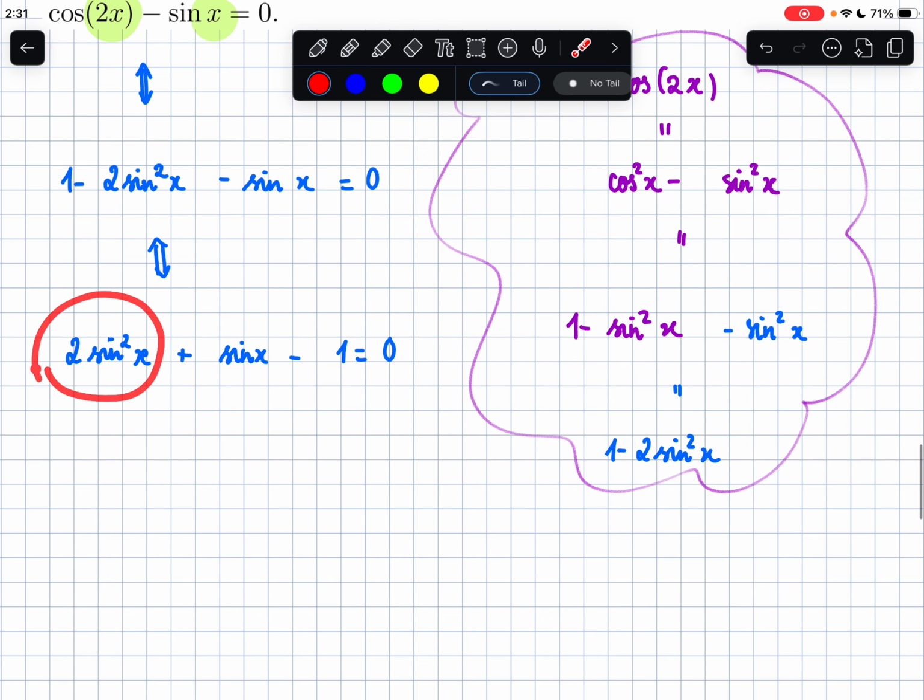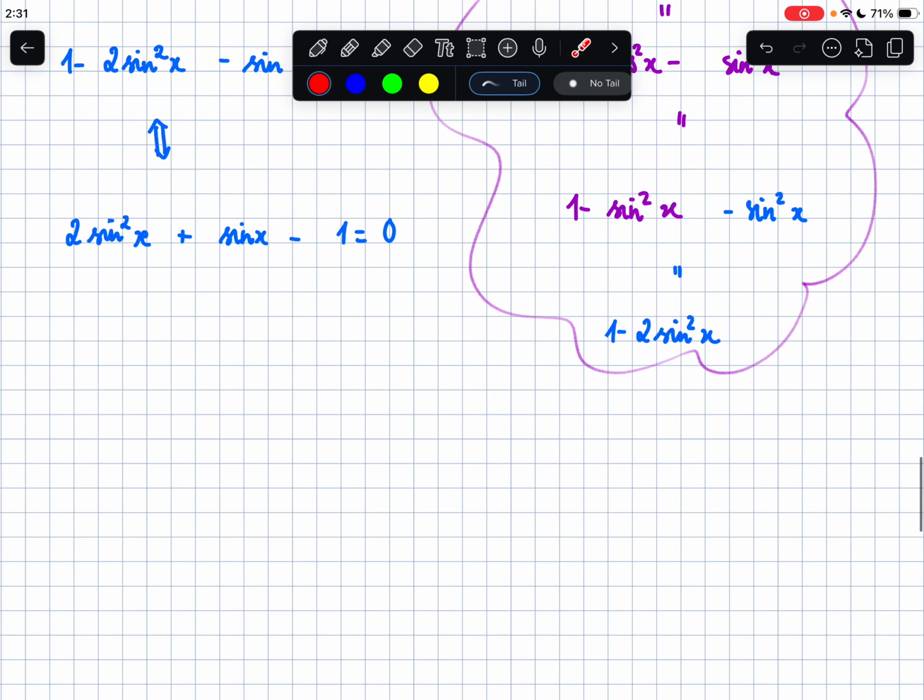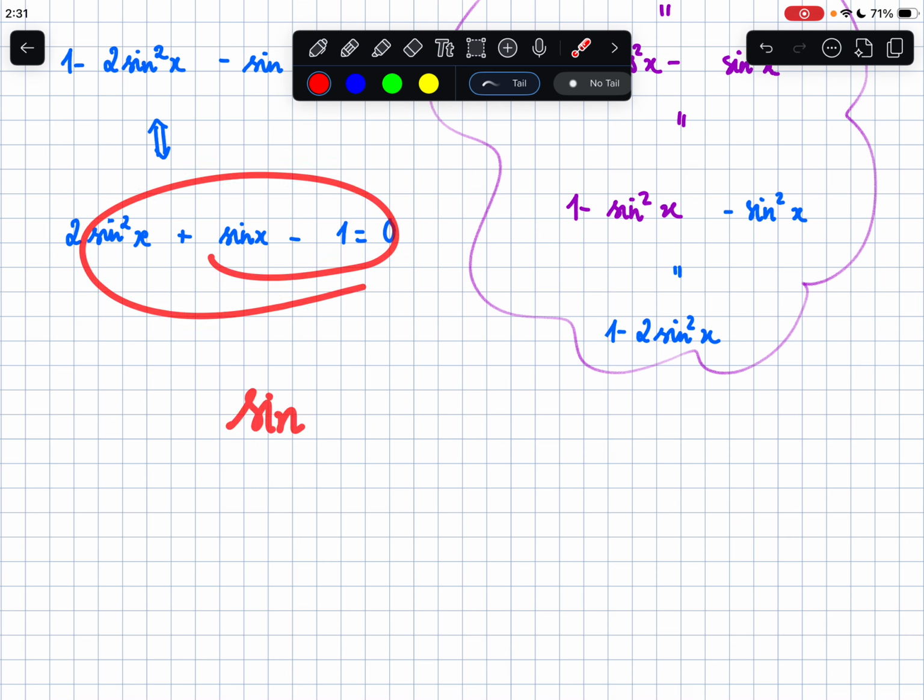Here we have 2, 1, minus 1. So we can factor that; we know for sure that sine of x must be minus 1. That's one case.